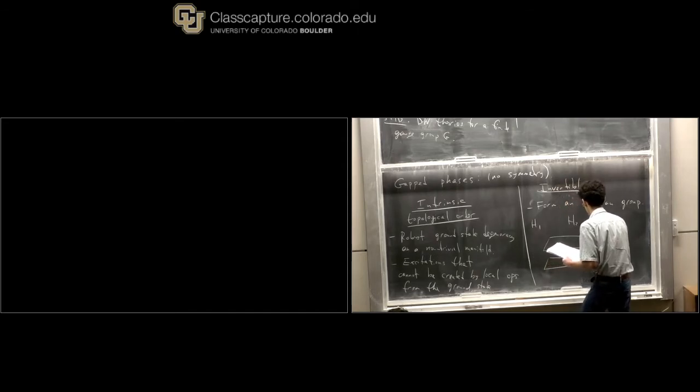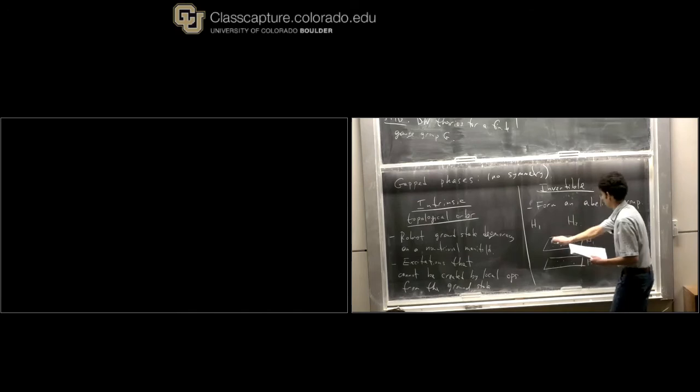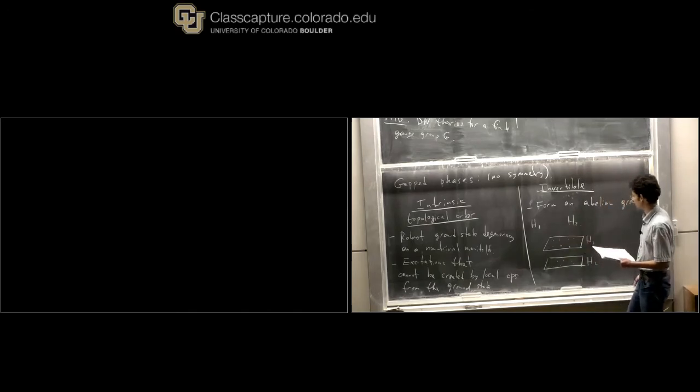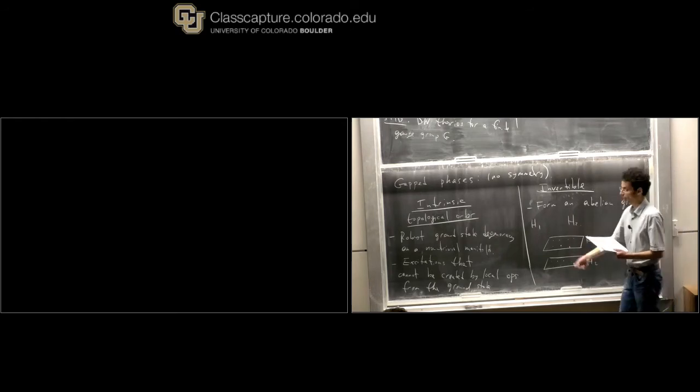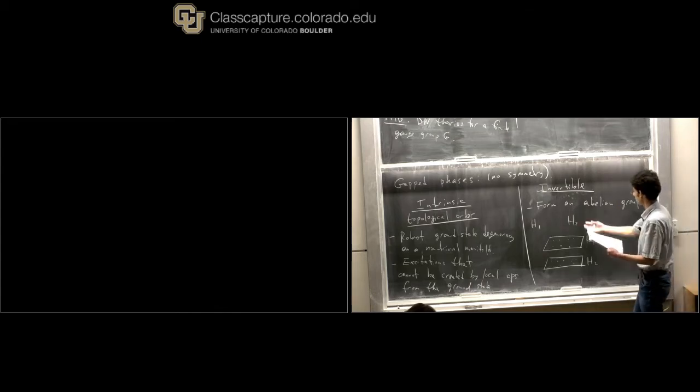A non-interacting stack, where in the top layer I have Hamiltonian H1, in the bottom layer I have Hamiltonian H2, and there is no interaction between the layers. I'm using layer metaphorically; this can be of any dimension. Okay, so this is addition.